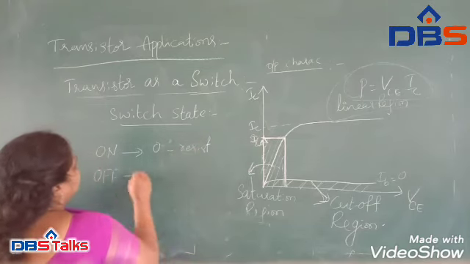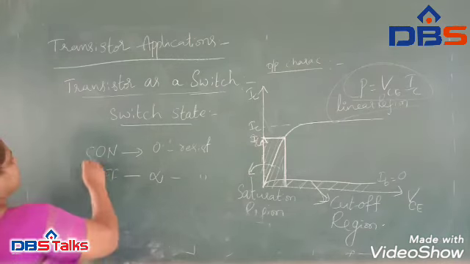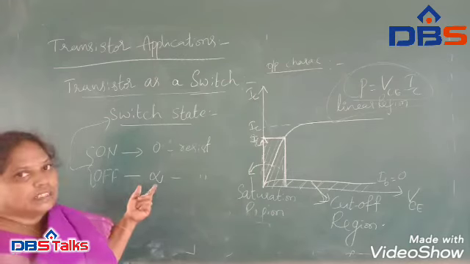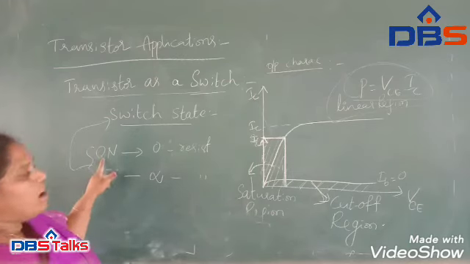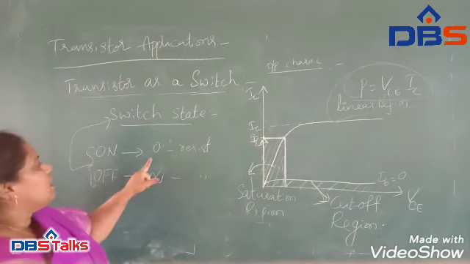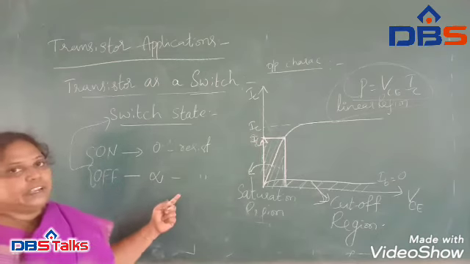When it is in the off state, it has infinite resistance. This is how a switch performs its function, on and off.